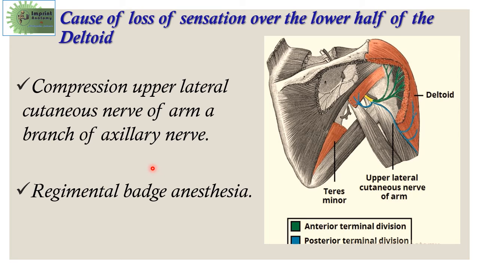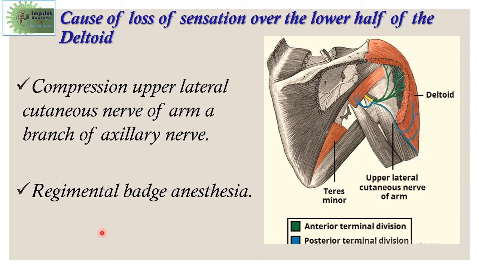Again, due to chronic use of the crutch, as we have seen in this case, there is a compression of the upper lateral cutaneous nerve of the arm, which is a branch of the axillary nerve, and it can cause a loss of sensation over the lower half of the deltoid.